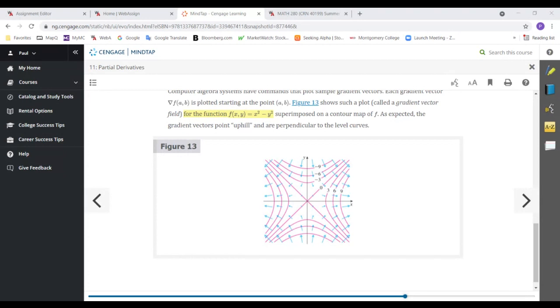And they've drawn the level curves. I think it's worth me bringing up. Let me find this in the book here.